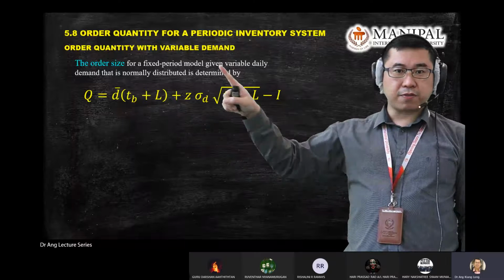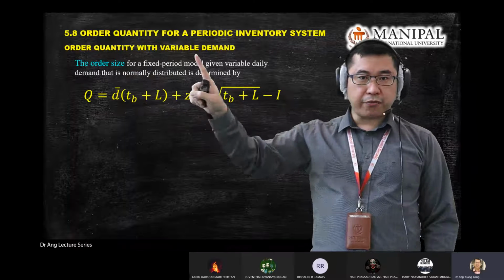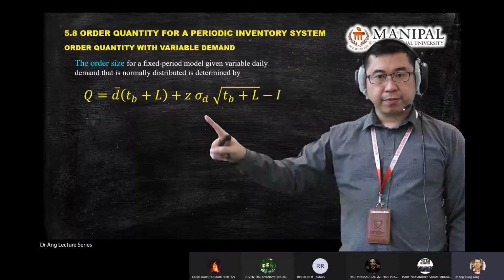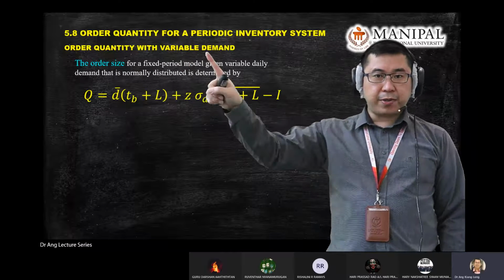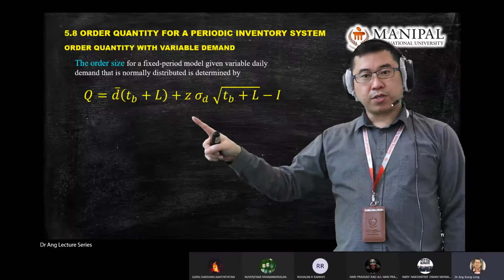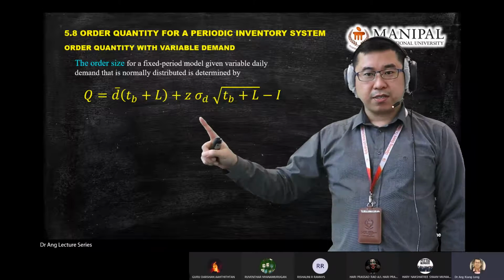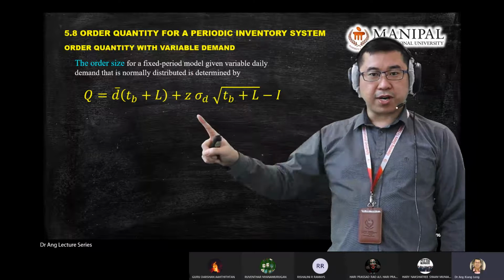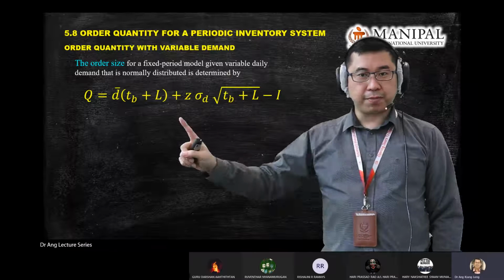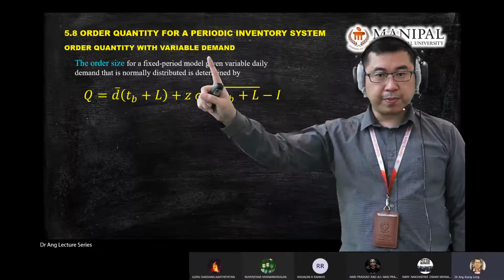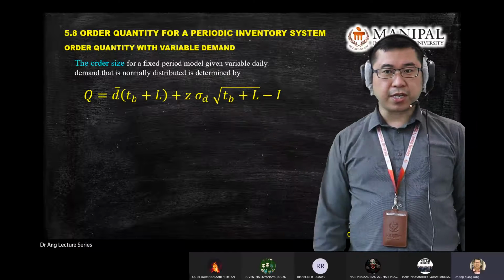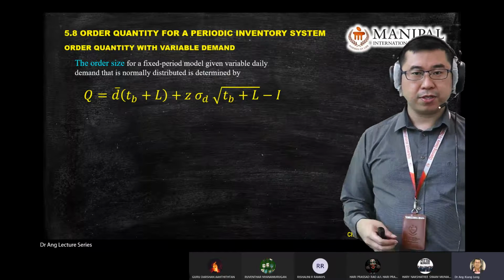This equation is for order quantity with variable demand. If you see variable demand, it means you need to use the normal distribution graph or normal distribution table again. Variable demand means you need to use a statistical approach.